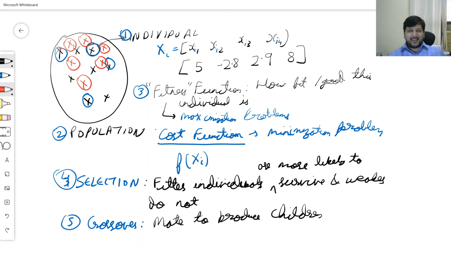Now, here also, it doesn't happen with human beings, where we have not really emulated nature, but in other animals, what happens is the fitter the individual, the more reproduction it does, and the weaker the individual, the less reproduction it does.